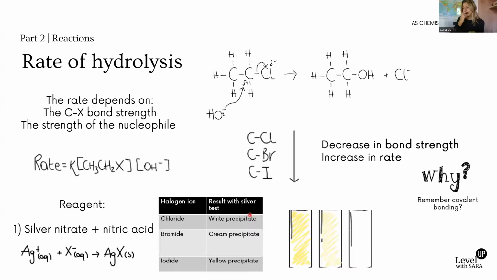Now, one nice experiment that you might have done at school, or that you could be asked about, or that you can link with the kinetics part, is the rate of hydrolysis. Here we link it back to group 7, so the precipitate.